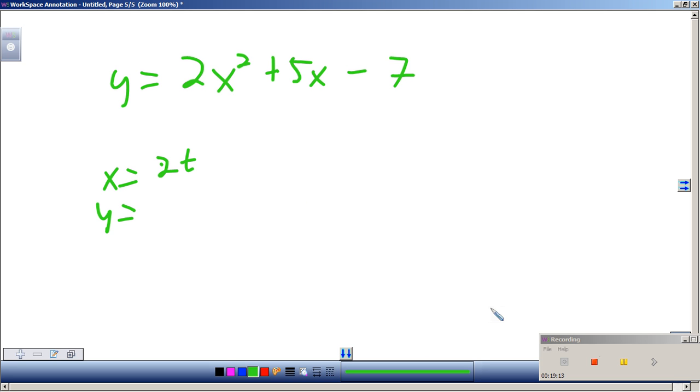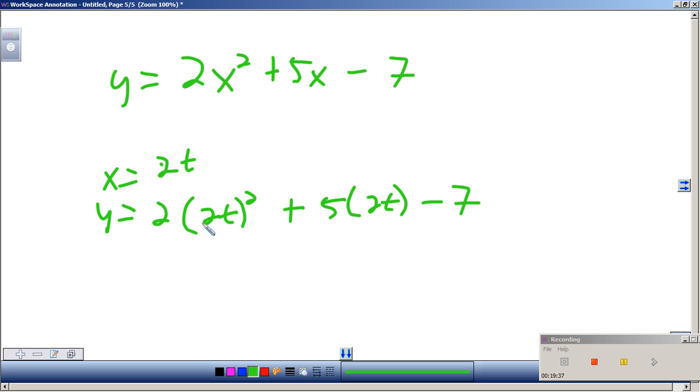So now, how would this change what I have here? We would want to probably solve this for t, or we actually plug this 2t right back in here: 2t squared plus 5 times 2t minus 7.